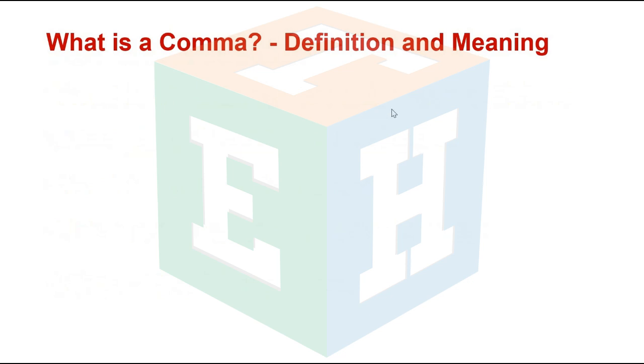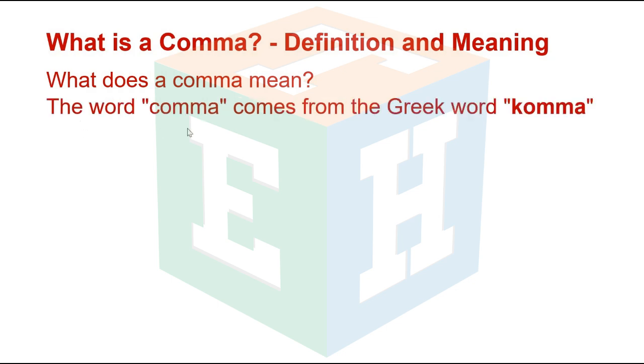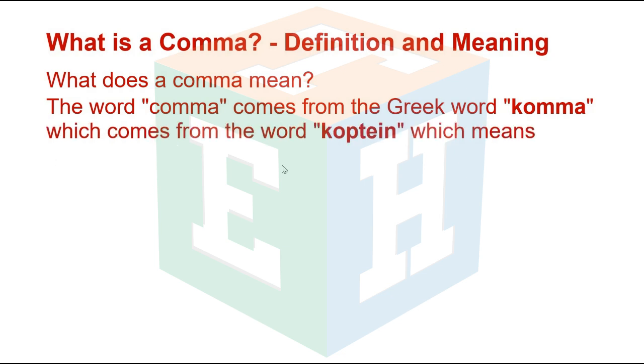What is a comma? Definition and meaning. What does a comma mean? The word comma comes from the Greek word comma, which comes from the word kopten, which means to cut off.